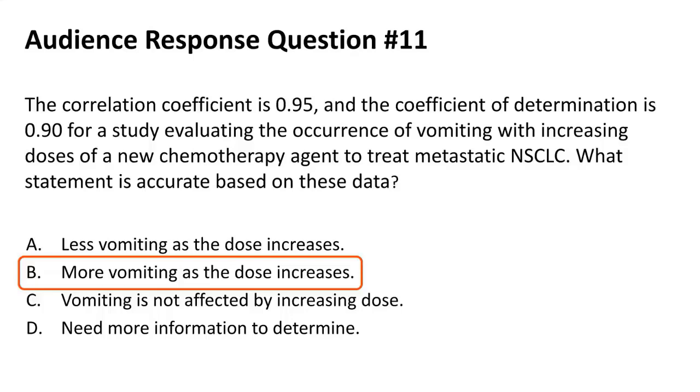And so for a purely positive relationship, the R squared would be 1. And so in this case, the R squared is very close to 1. And that means the variation in nausea is attributed to increasing the dose of the new chemotherapy agent.